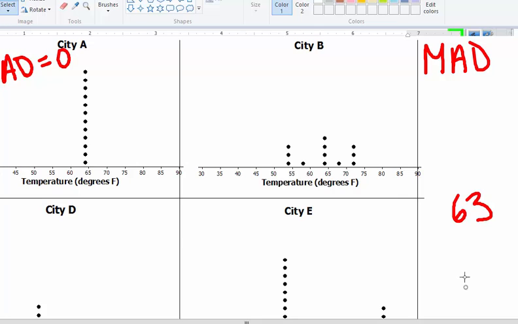Well, I need to add up all of their deviations. So what I'm going to do first is find the deviations of each of these. So this looks like it's 54. So I'm going to just list my values, 54, 54, and 54. And I subtract what? I subtract that mean because I'm finding those deviations. I'm only going to do this one time because they'll all have that same answer. 54 minus 63, I'm using my calculator again.